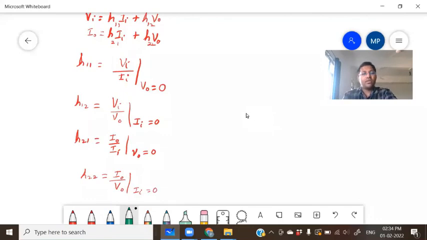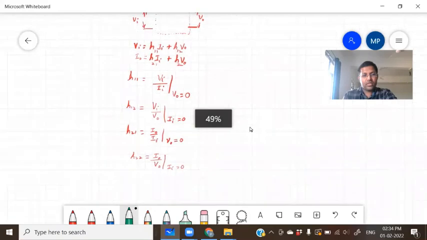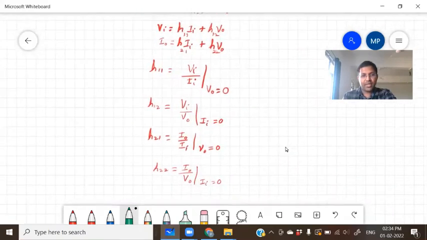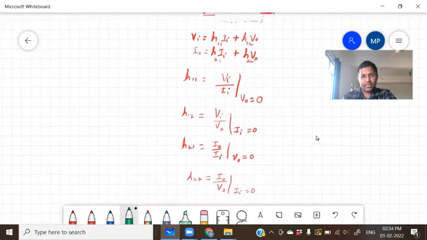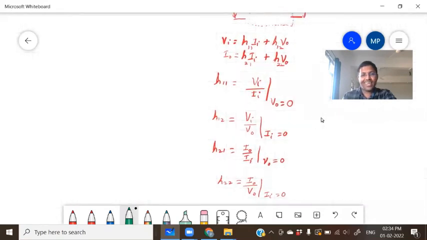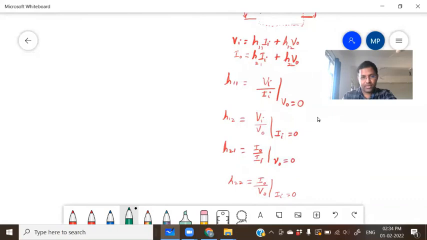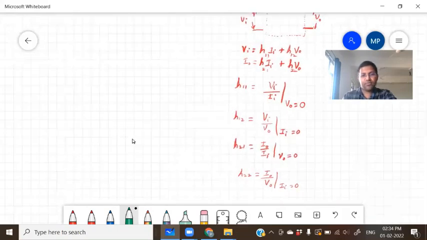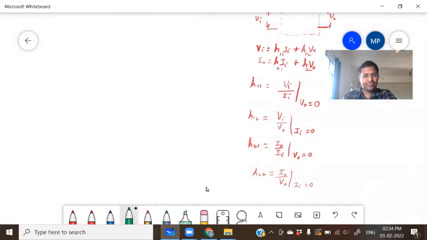So these are the 4 H parameters or hybrid parameters, right? Now let us give names to these 4 parameters.